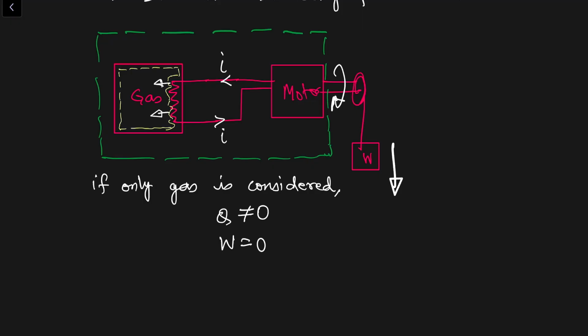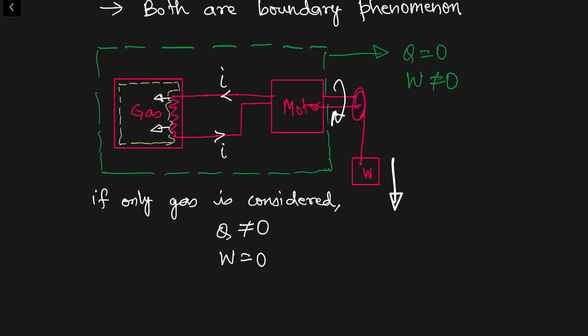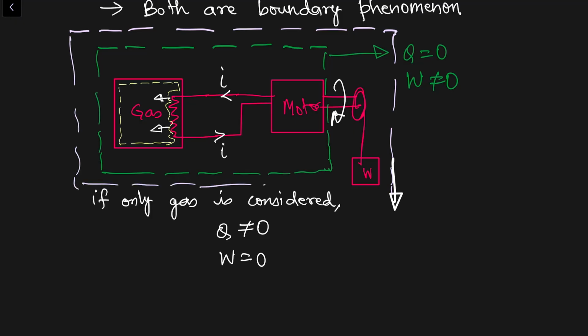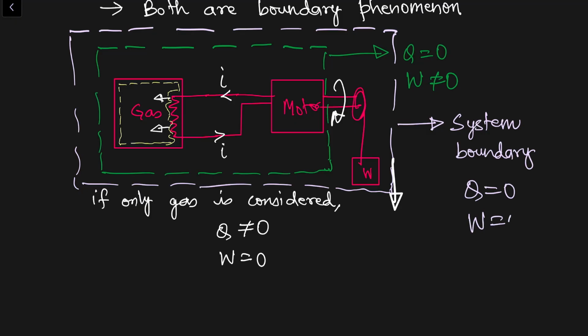For the green box, if I am considering this as my system boundary, we can say that heat transfer is 0, but work transfer is not 0. And then we can also consider another case where everything goes inside the system, even this mass which is falling. If I am considering this as my system boundary, then for this case heat transfer is also 0, work transfer is also 0.